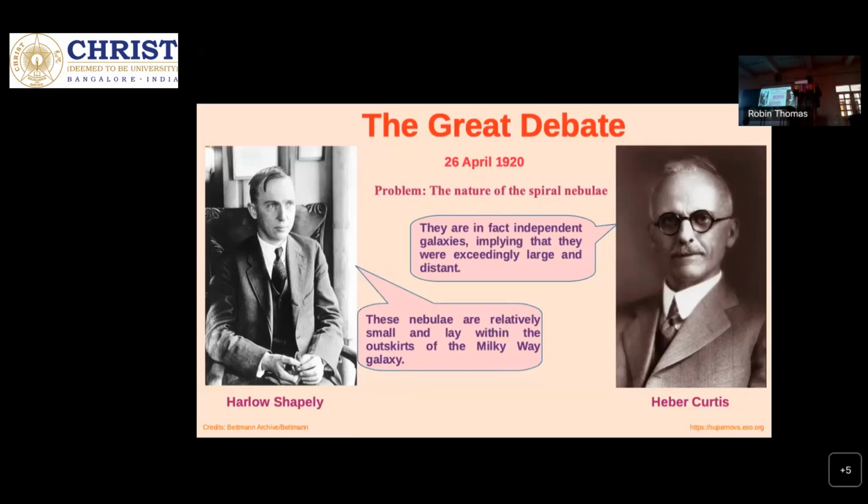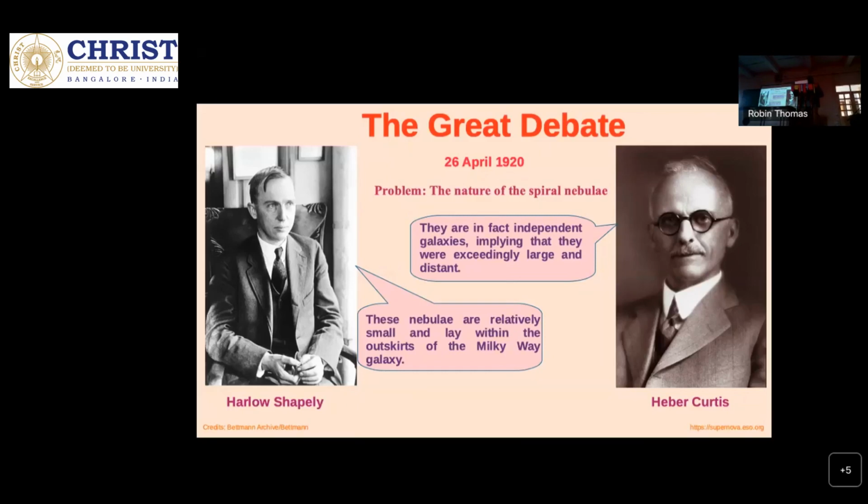In Shapley's consideration, he was the old school. He considered nebulae to be relatively small and to lie within the outskirts of the Milky Way. It's basically part of the Milky Way. He put forth points based on research and observational evidence, which were limited at that time, proposing that these nebulae are relatively small and part of the Milky Way.